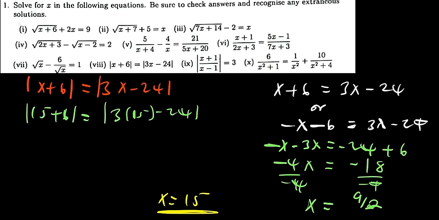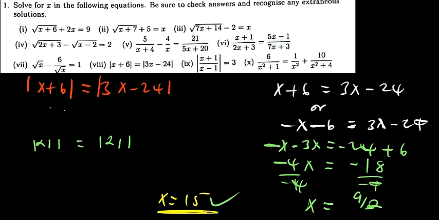So that will be 21 now in the modulus. So 3 times 15, that will be 45. So 45, you do minus 24, definitely you get 21. So x is equal to 15 is indeed the solution for this equation.